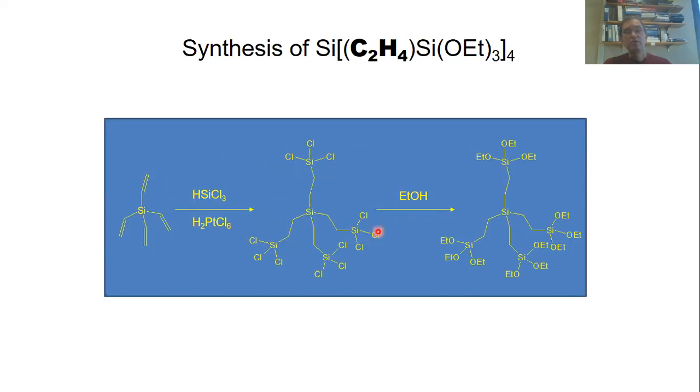Then you can just hydrolyze these chloro groups. Sorry, not hydrolyze, but ethanolyze with ethanol. And then you have ethoxy groups attached to the silicon. That would then be a suitable precursor for a periodic mesoporous material.